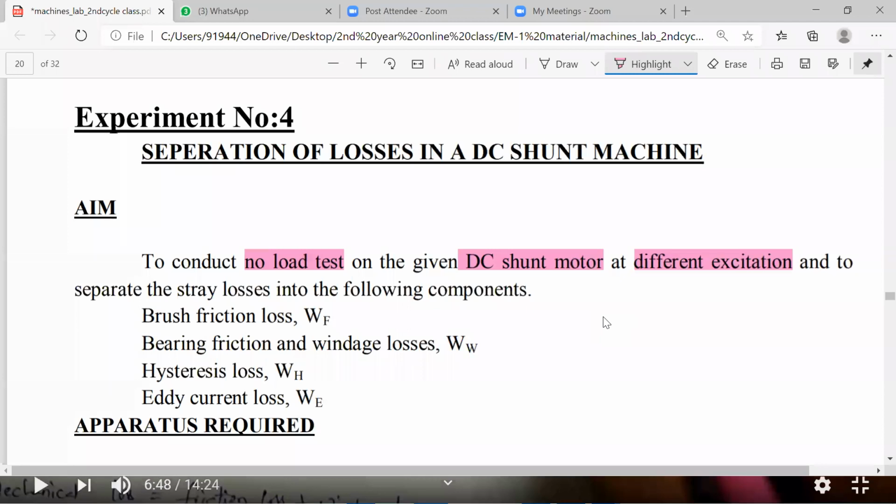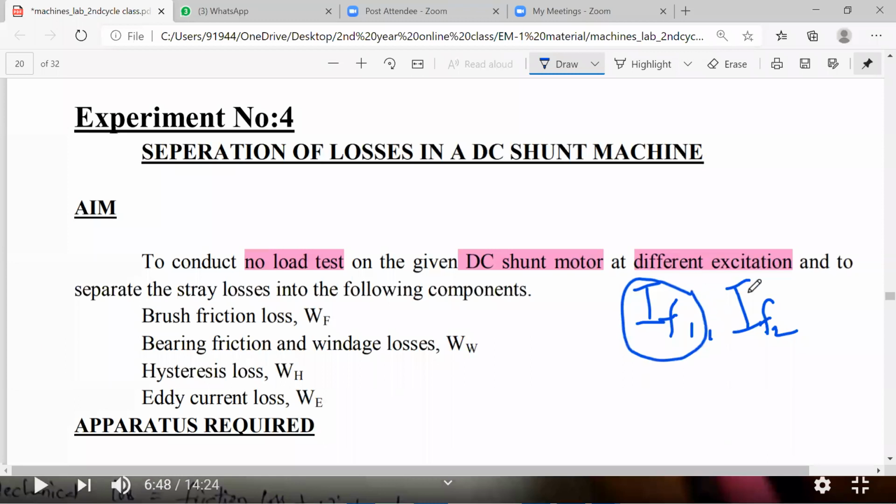In the second case, the excitation is reduced, that means the field current is reduced. So we have two field currents, IF1 and IF2. IF1 is the rated field current, IF2 is the reduced value of field current.